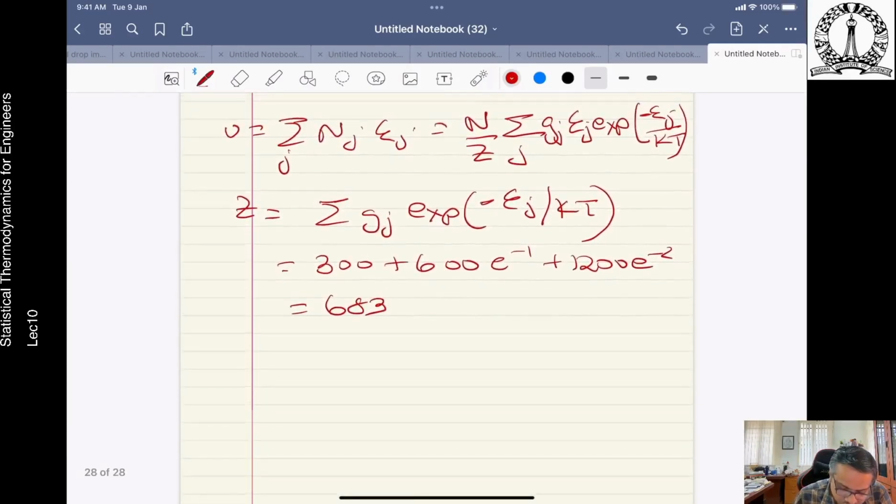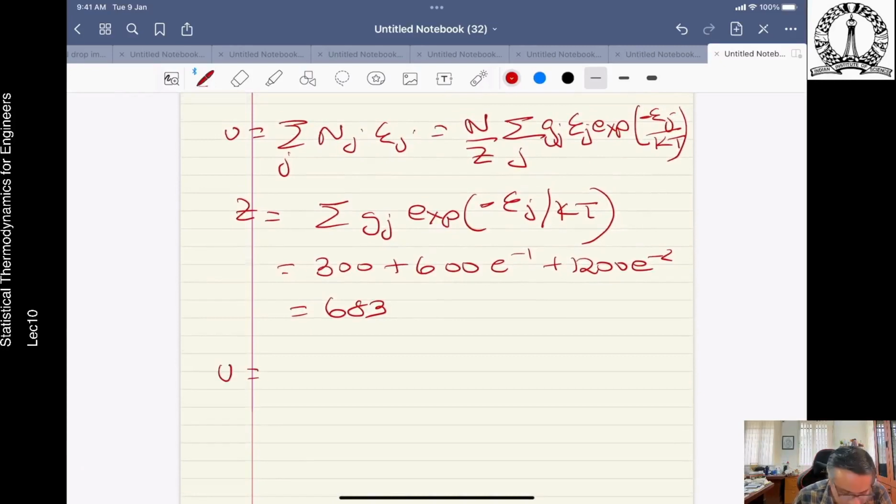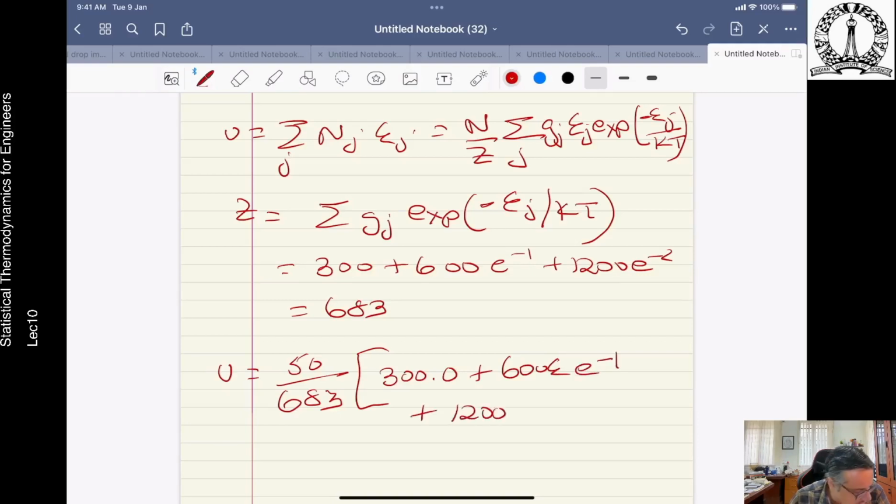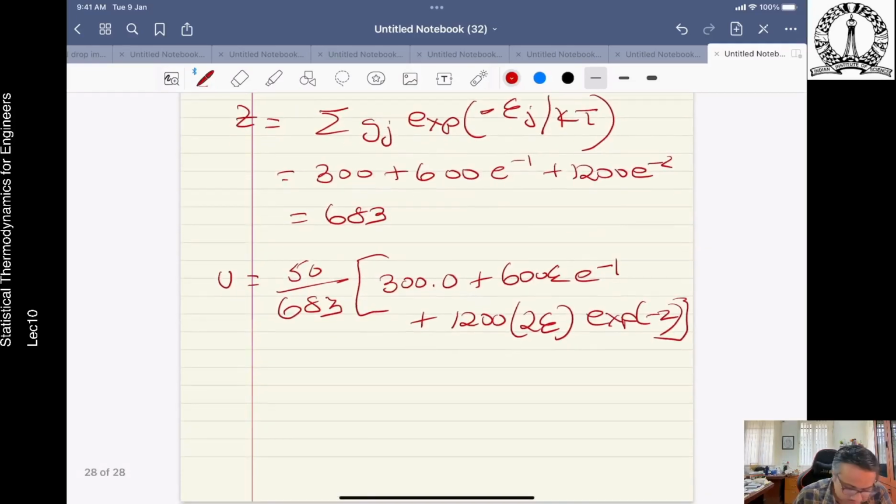So U is equal to then 50 by 683. N is 50. Now you plug in the values. So 300 into 0 plus 600 into E into exponential minus 1 plus 1200 into 2E, exponential minus 2. So that is the whole thing. So u becomes equal to, if you plug in all the numbers, 40E.